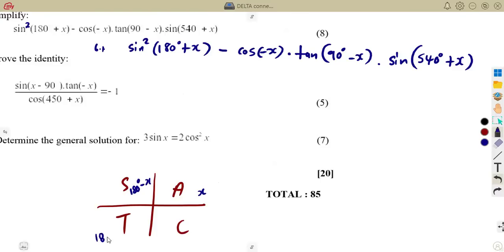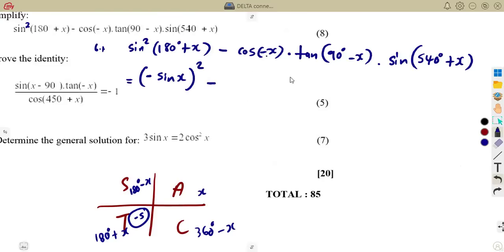This is 180 degrees plus x, in terms of positive angles, and 360 degrees minus x. 180 plus x is in the third quadrant, where sine is negative. So it gives us negative sine of x, but this is squared.